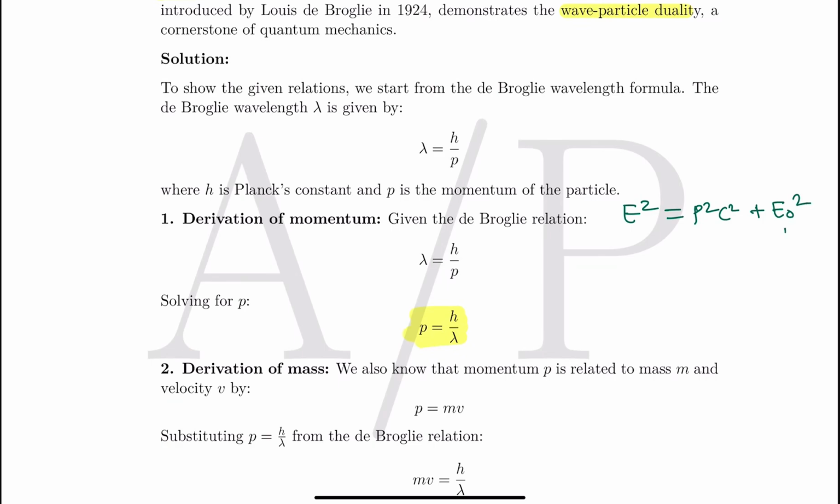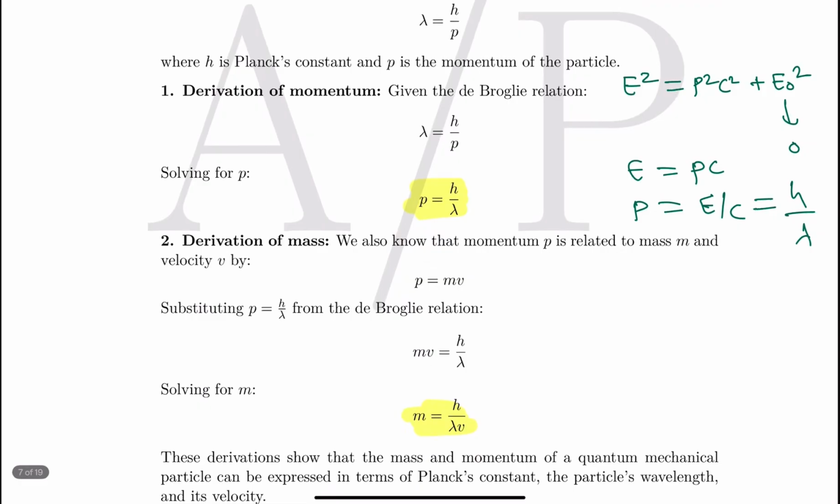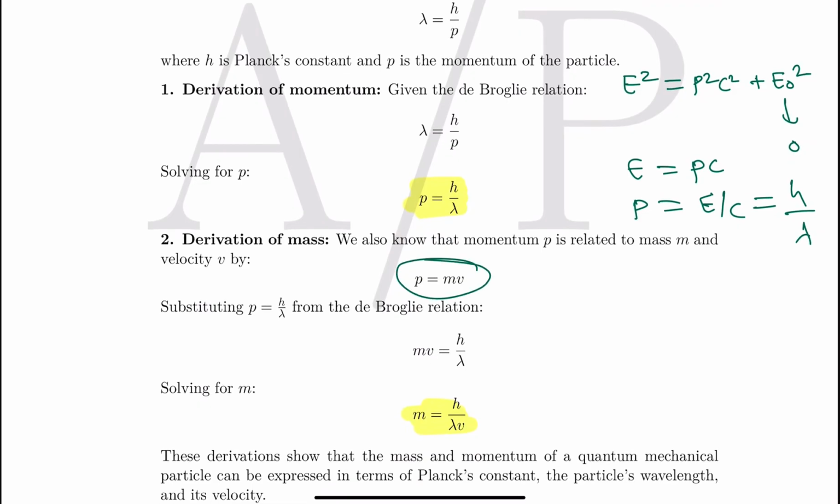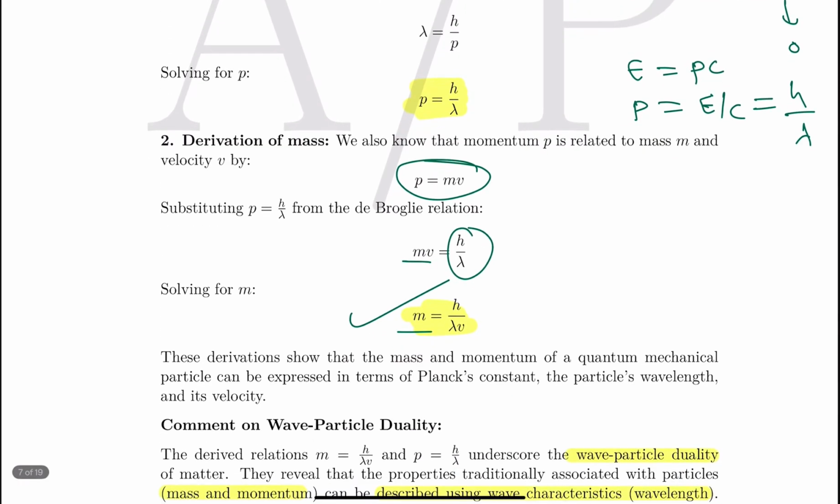For a photon, this rest mass energy square is 0, and we simply get E equal to pc, or p equal to E by c, or p equal to h by lambda. This is how we derive it, and we know that p equals mv, so you can simply write mv equals h upon lambda, and then m is equal to h upon lambda v.